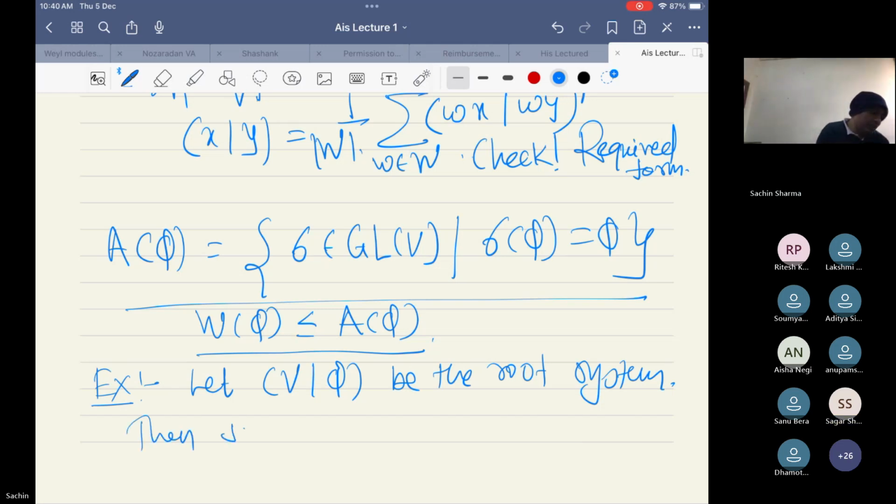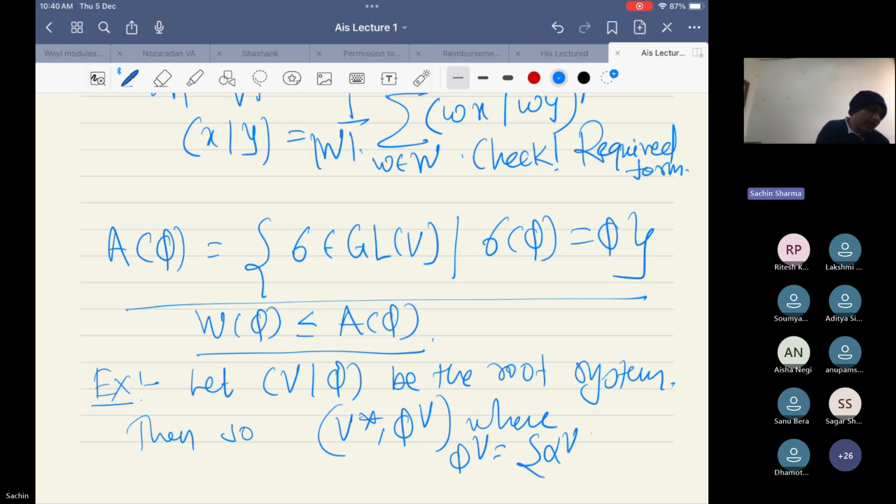Then so is V star, phi check, where phi check is alpha check where alpha belongs to phi. A very important thing: suppose you have a root system, then this phi check also forms a root system.